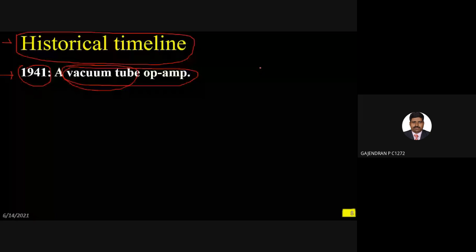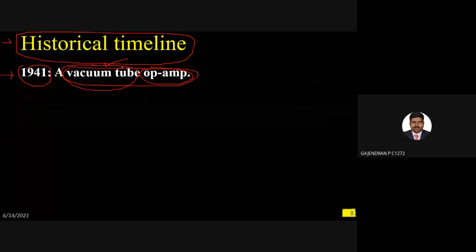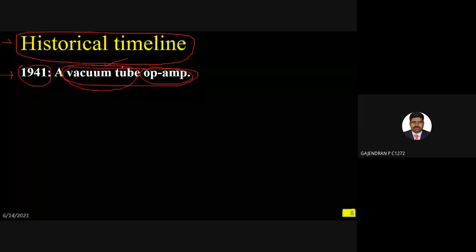So the first operational amplifier was based upon these vacuum tubes. Vacuum tubes were used at that time. Vacuum tubes were actually replaced by transistors. At the time of the invention of this particular op-amp, transistors were not there, so vacuum tubes were used.